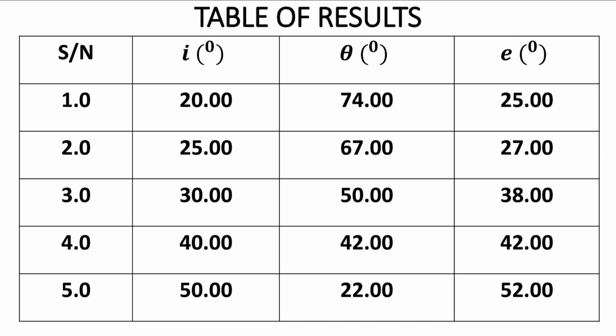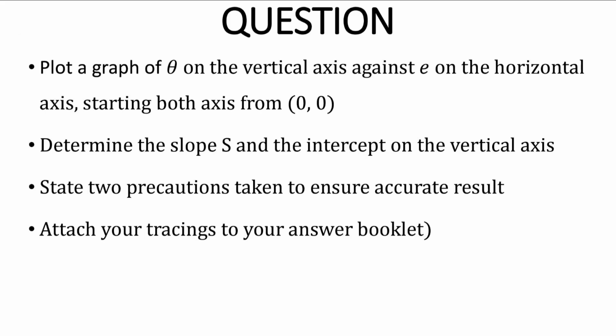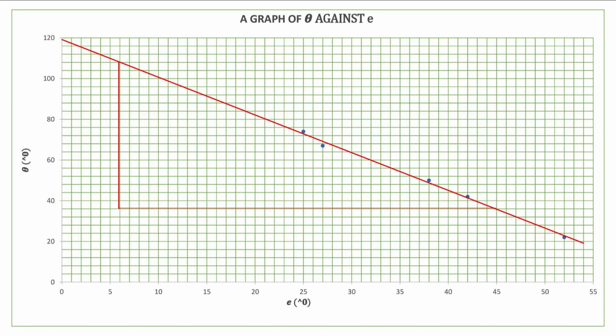And then with this, we are asked to plot a graph of theta on the vertical axis and then E on the horizontal axis. Using that, here is what my graph looks like. So I have here a graph of theta on the vertical axis and then E on the horizontal axis. This is a straight negative graph as it is here, of which if we were to find the slope, I got a value of minus 1.85.